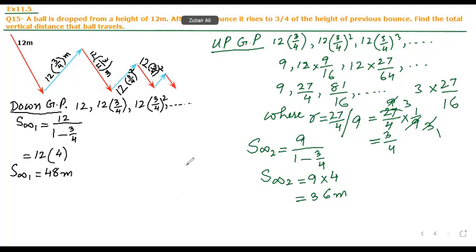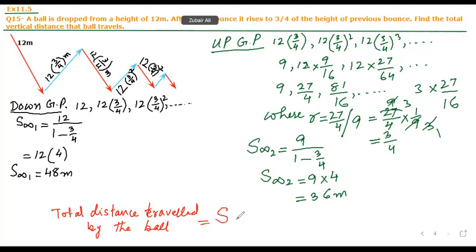So the total distance traveled by the ball is equal to ST, which should be equal to the sum of S infinity 1 and S infinity 2, which is 48 plus 36, which is finally equal to 84 meters.